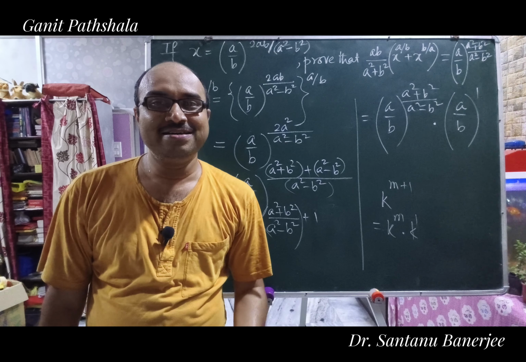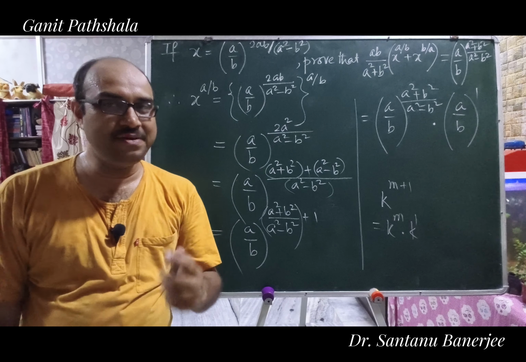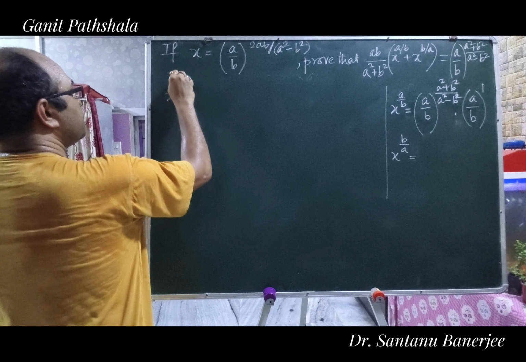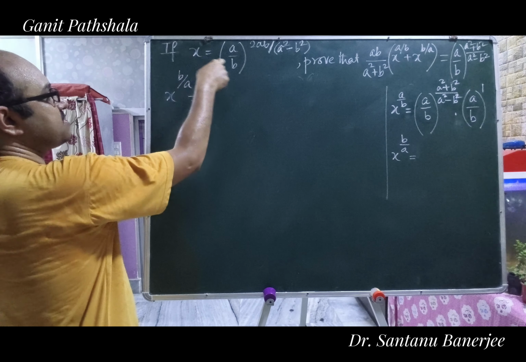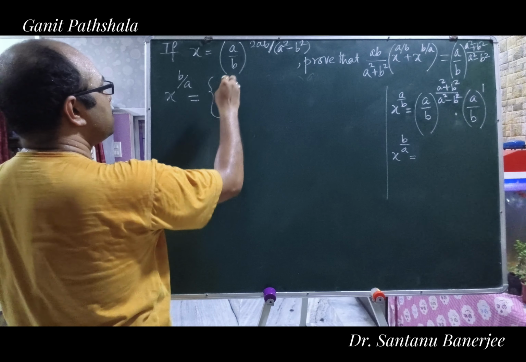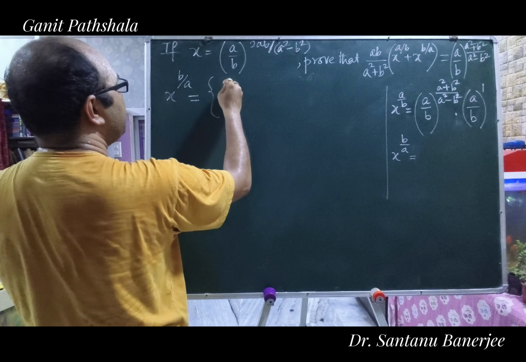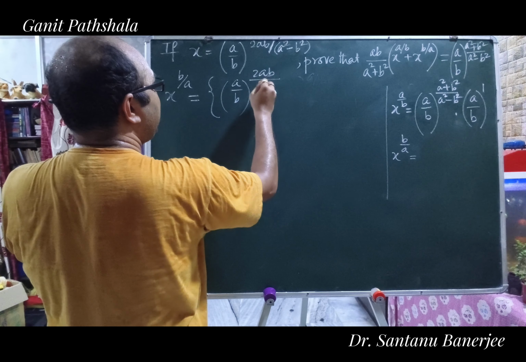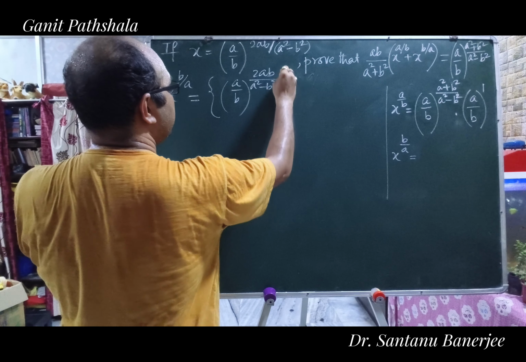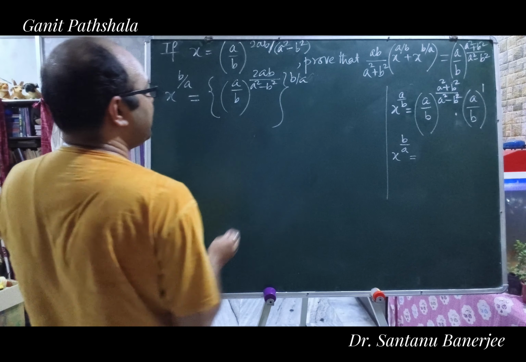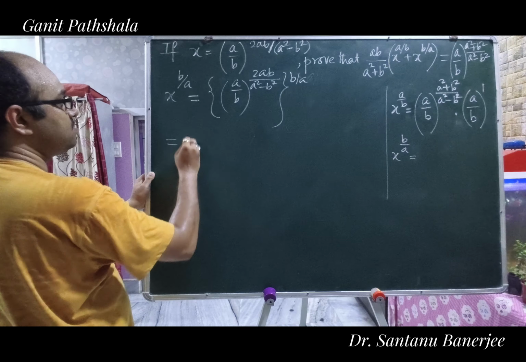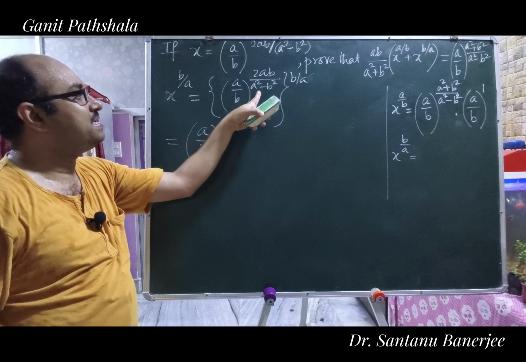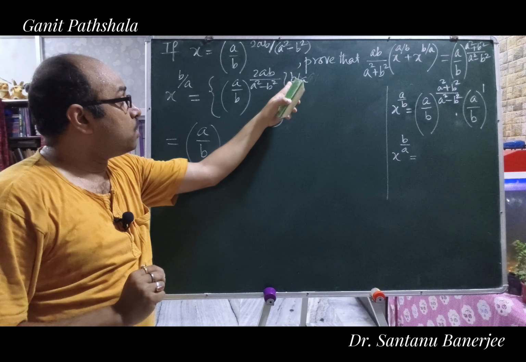Now let us find out the expression for x to the power b by a. In the same procedure, we shall find out the expression of x to the power b by a. If x is this, then x to the power b by a is equal to this expression whole to the power b by a. So (a by b) to the power 2ab by a square minus b square, whole to the power b by a, which is equal to (a by b) to the power 2ab divided by a square minus b square times b by a.